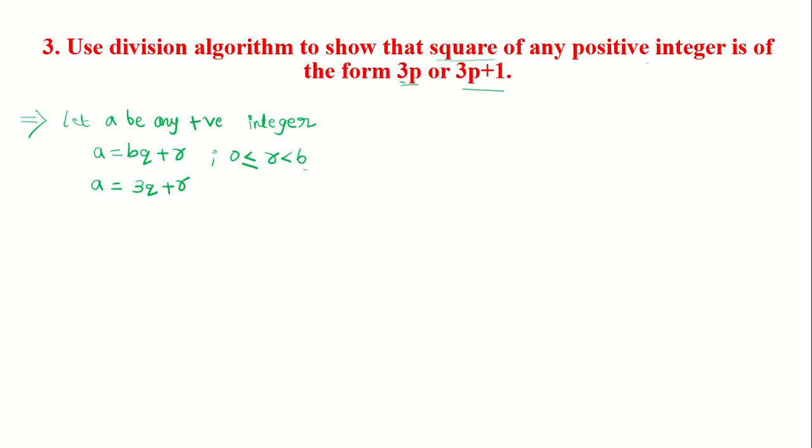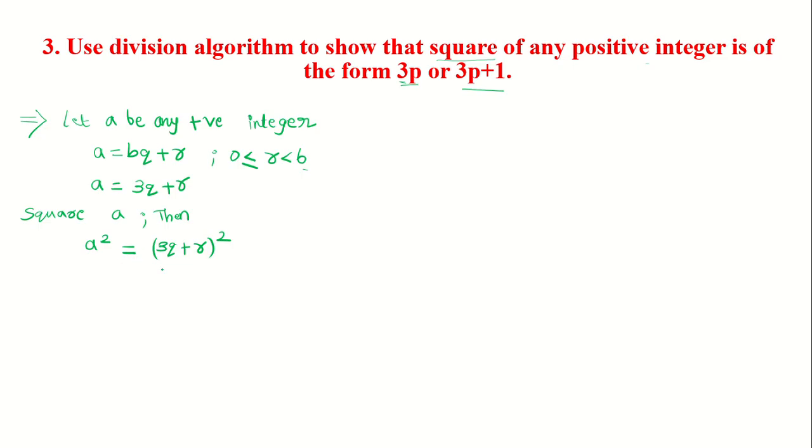Now look in the question, they mentioned the square of any positive integer. So we need to square the positive integer. What is the positive integer here? a. So square a. Then you'll get a square equals 3q plus r whole square from this equation.